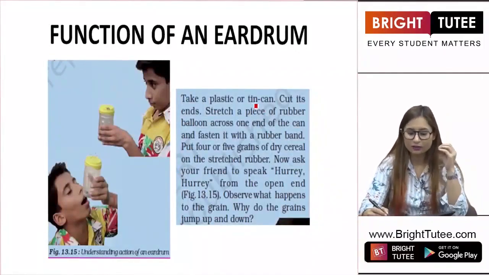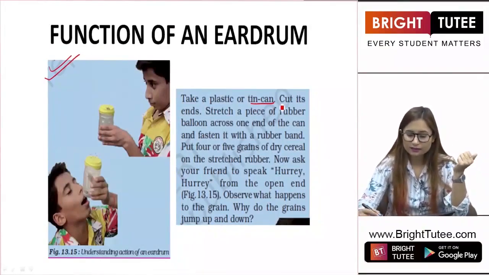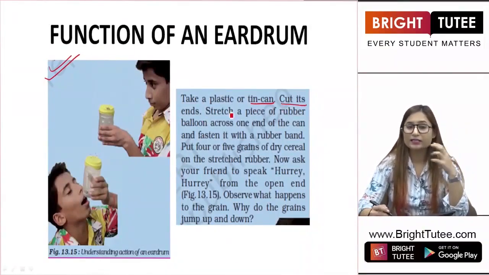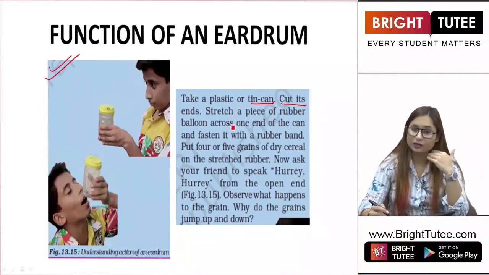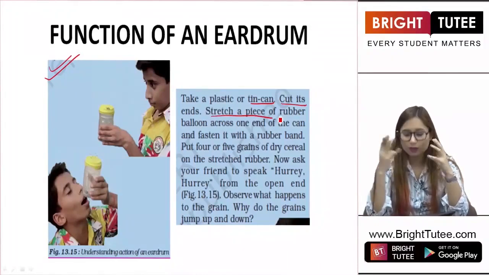Take a plastic tin or a can. You can take the reference of this picture. Cut its ends, right? You have taken a can and you have cut its end. Stretch a piece of rubber balloon across one end of the can and fasten it with a rubber band.